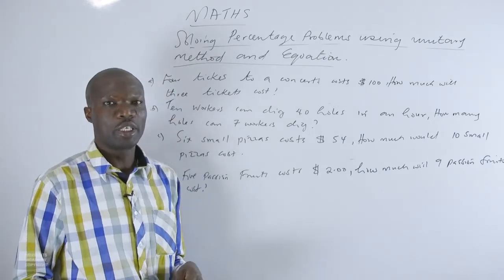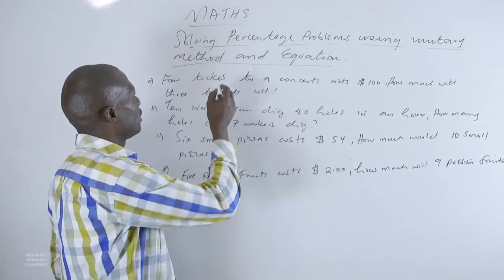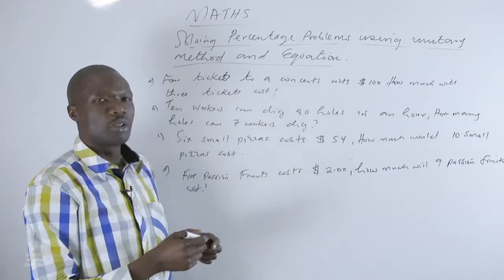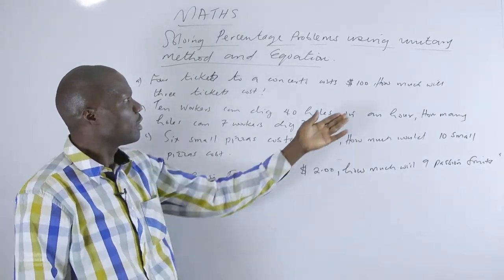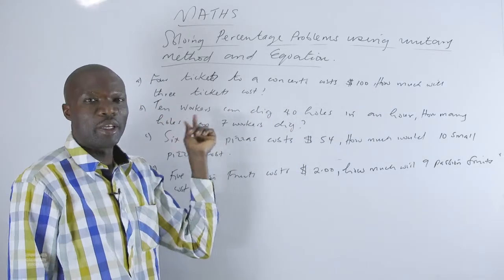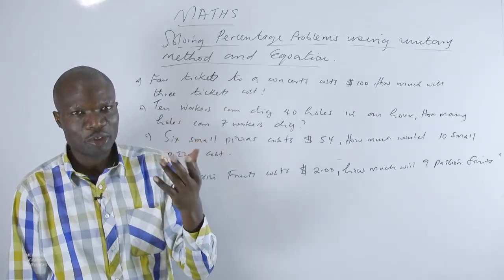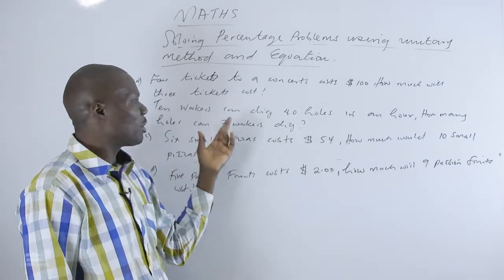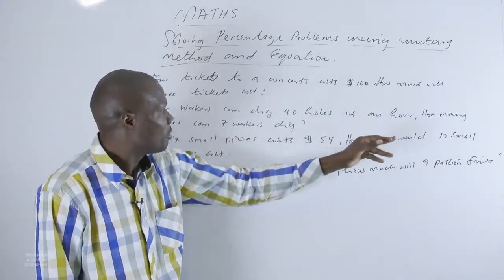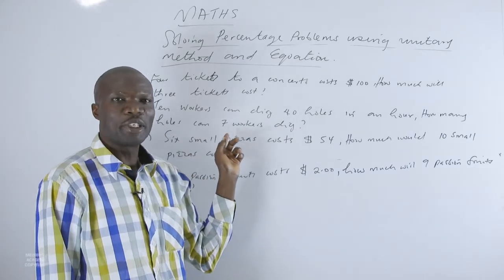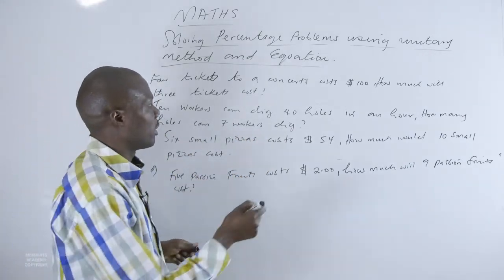Four tickets to a concert cost $100. How much will 3 tickets cost? We want to work this out mentally. 10 workers can dig 40 holes in 1 hour. How many holes can 7 workers dig in 1 hour?